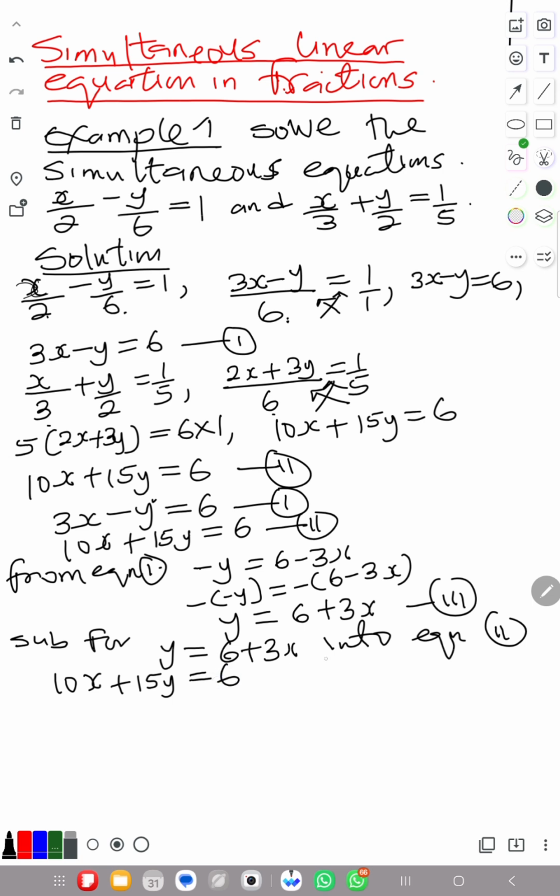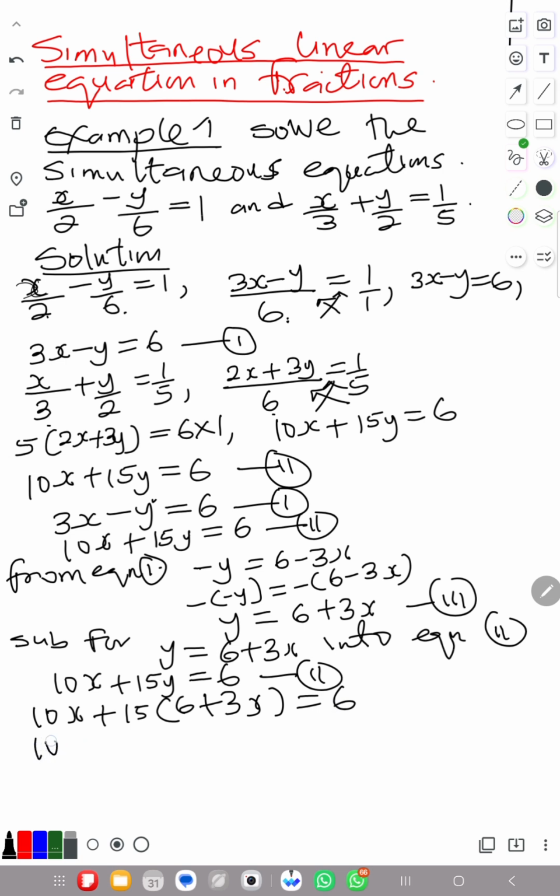Now let's put in y: 10x plus 15 into what is our y now, 6 plus 3x, which is equal to 6.